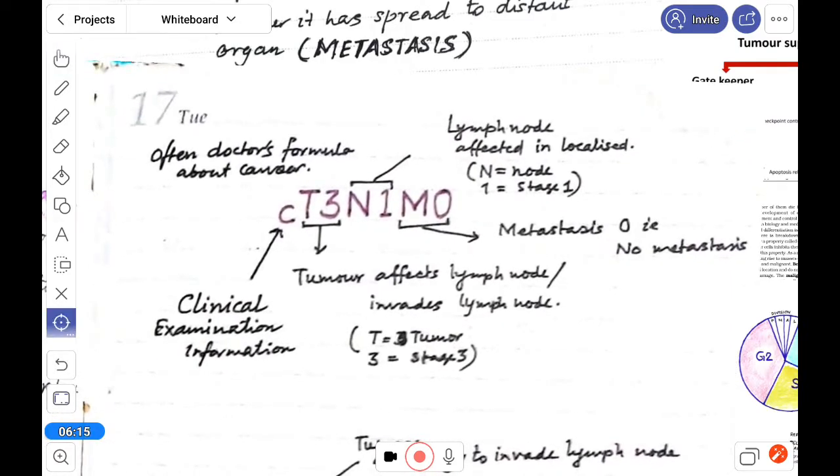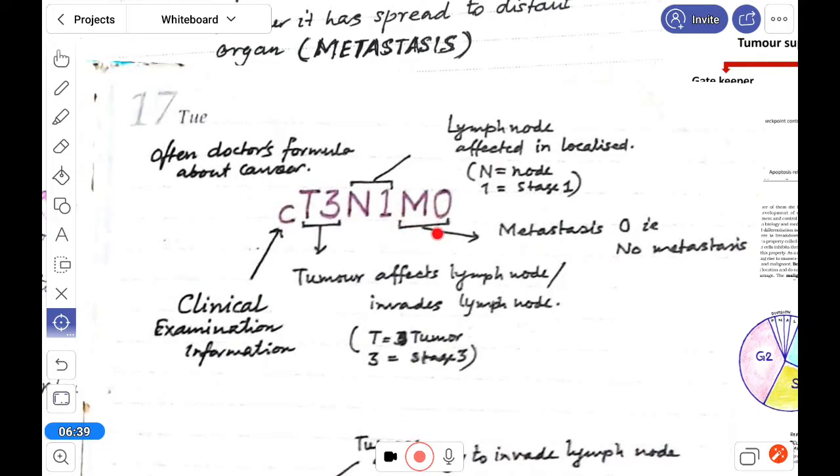Now, if we see this part, it is written like a kind of formula. Suppose C is written, then C stands for clinical examination. T3 stands for the tumor size. If N1 is written, that means the node is stage 1, the affected lymph node is localized.